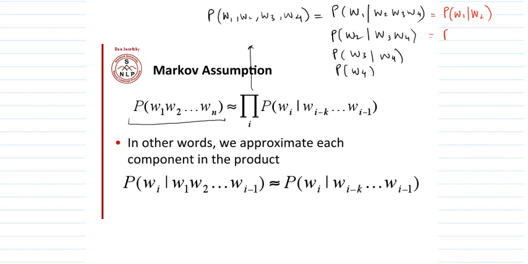This term will be replaced by P of W2 given W3, and this will be the same because there is only a single word present here, W4, and this will be a simple one, right? So we see that this part has been done away with, and we are left with the simple probabilities involving only 2 variables, that is the bigram probability, right?